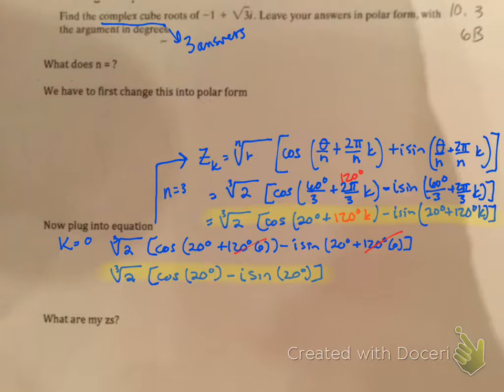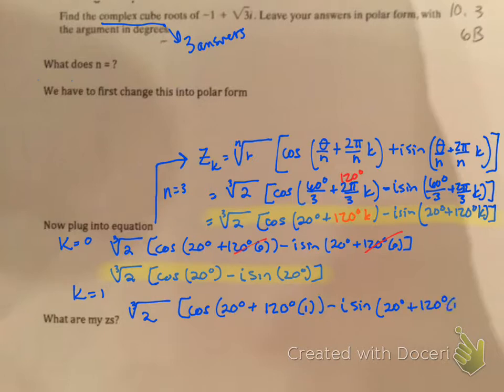So let's let k equal 1. So I'm going to plug that in next. K equals 1. So it's going to be the cube root of 2 times cosine of 20 degrees plus, and I'm using my generic formula, 120 degrees times 1 minus i sine of 20 degrees plus 120 degrees times 1.